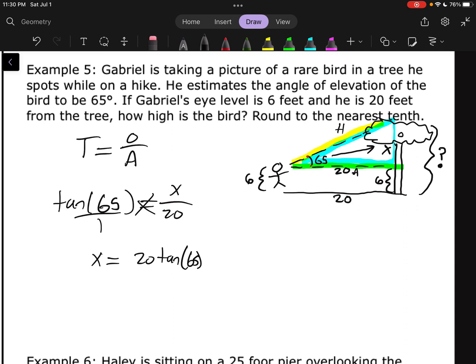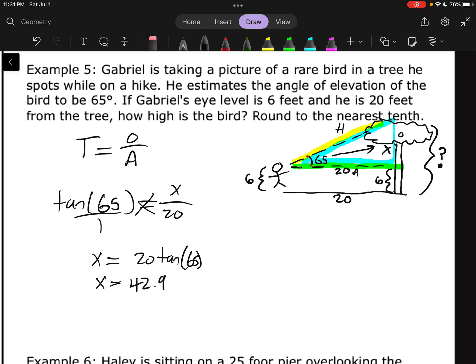So let me type that in here. 20 times tangent of 65. I'm going to get 42.9. 42.9 for x. Okay, so what do we do with that?